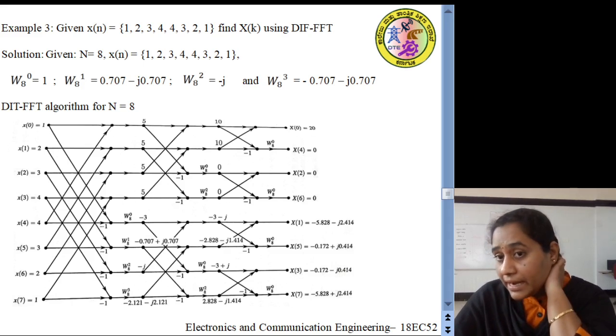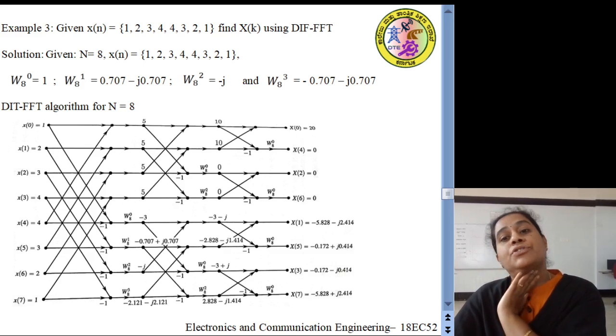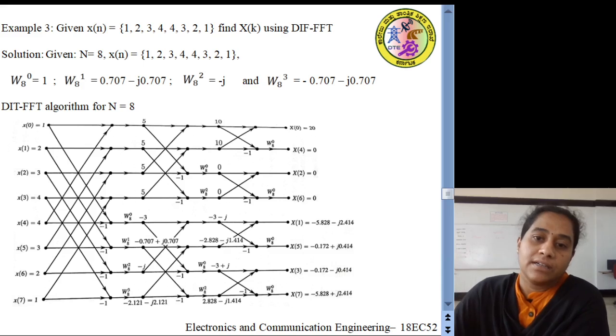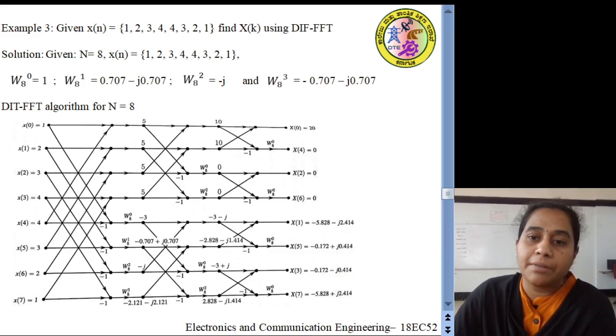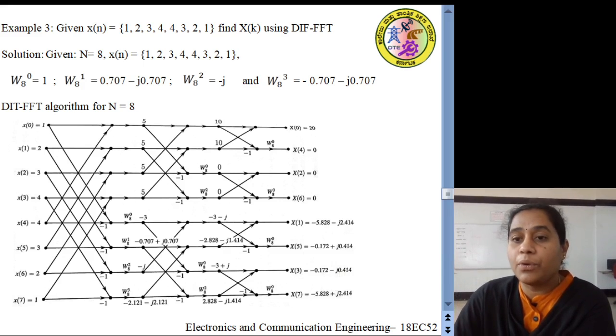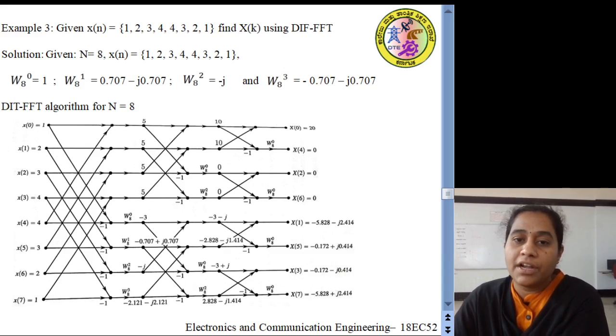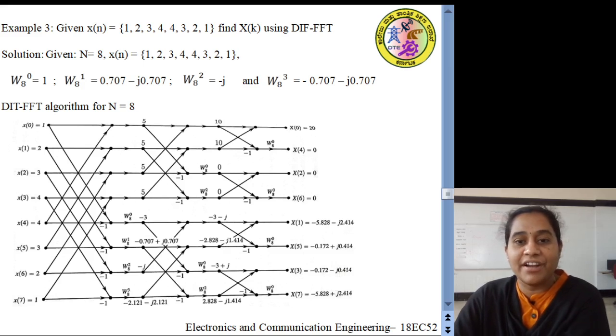So we need 4 values for twiddle factors, W8^0, W8^1, W8^2 as well as W8^3. So W8^0 is 1, W8^1 is 0.707 minus j 0.707, W8^2 is minus j, W8^3 is minus 0.707 minus j 0.707.